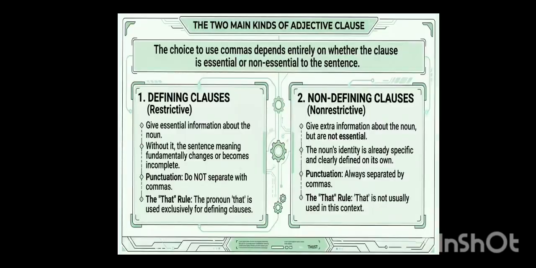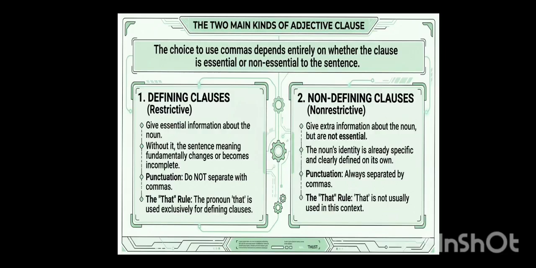Now, pay close attention to this slide because this is where many English learners make mistakes with punctuation. There are 2 main types of adjective clauses, defining and non-defining. Defining clauses give essential information.